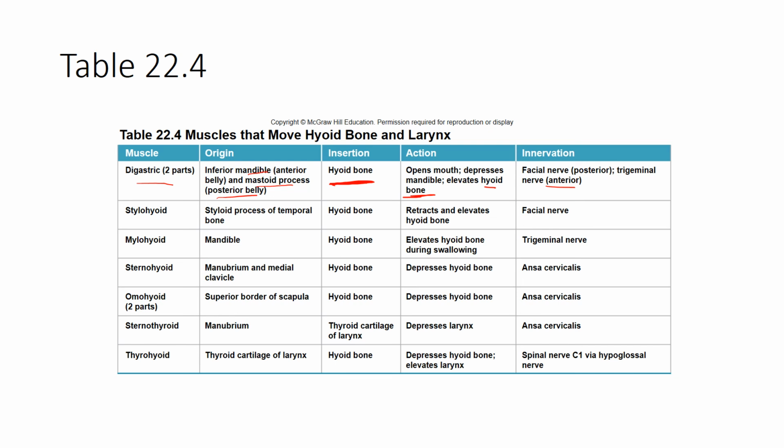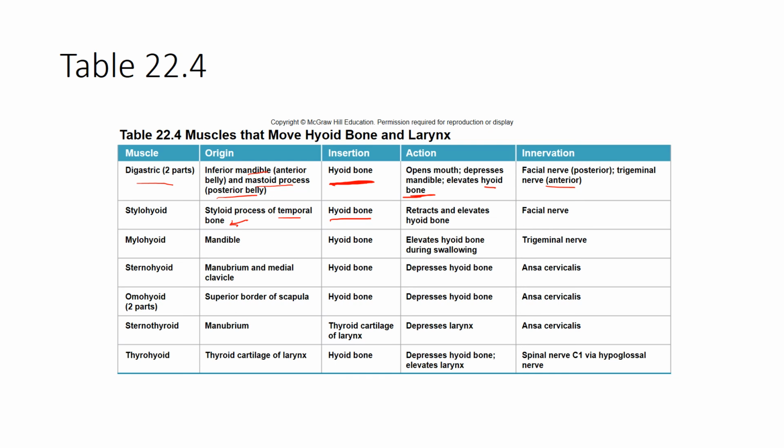Okay, stylohyoid muscle, I'm sorry. The origin is the styloid process of the temporal bone. And of course, as you can see, all the insertions will be at the hyoid bone. Okay, except the sternothyroid, which has the thyroid cartilage of the larynx.